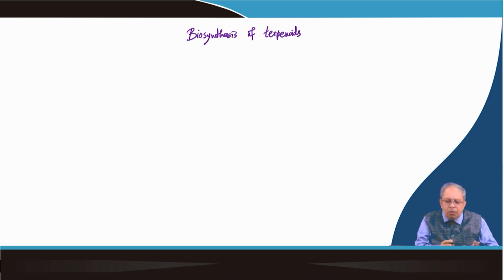Now, a significant number of terpenoids are important for our different uses. One important area is essential oil. Essential oils are basically a mixture of terpenoid components. Why do we call them essential oil?